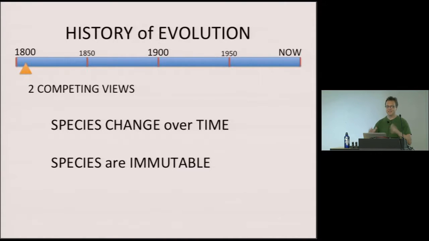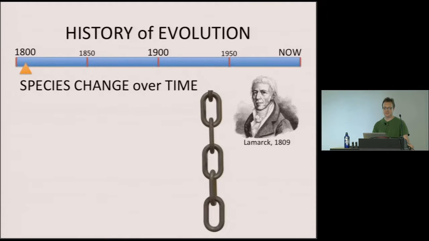It's really easy because they're either that species change over time or that species don't change over time. These people weren't really complex thinkers, but they had these two competing ideas. Either the species that we saw around us could change or they couldn't. And that was the big debate in evolution at the time.